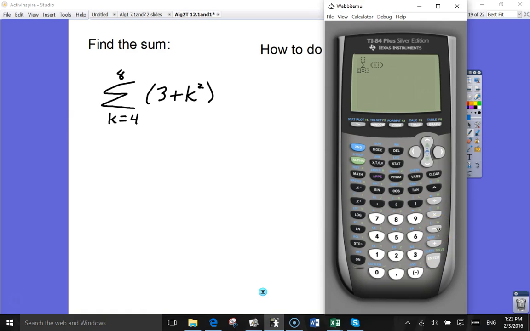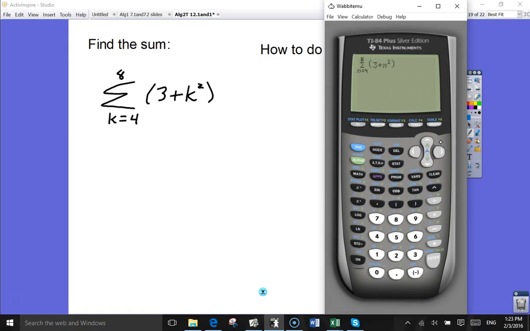If we want to do this one, k equals 4 to 8 of 3 plus k squared, then hit the X button. In my case, it's bringing up an N. Then I do 4. Then I right arrow to get to the top of the sigma, and I put in 8. Then I go inside the parentheses, and I put 3 plus n squared. And get out of that.